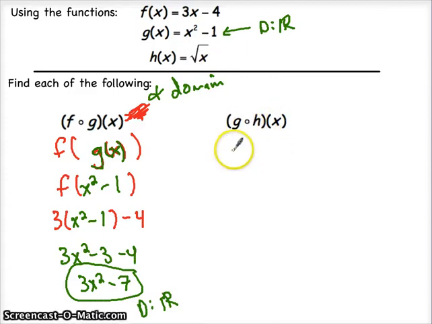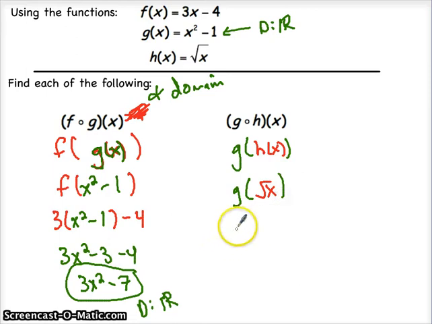G composed on h of x, on the other hand, well, I'm going to plug h of x inside of g of x here. So I'm going to say g of square root of x. And in that case, g was x squared.